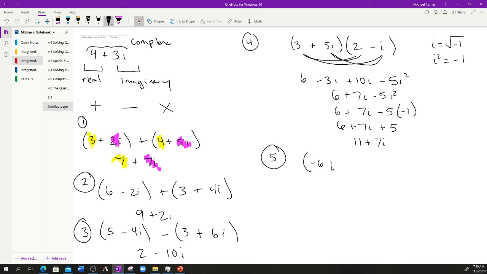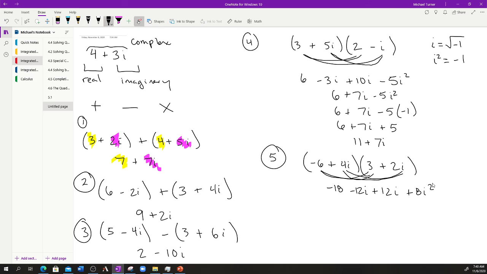Let's do one more, number 5. Let's do -6 plus 4i times 3 plus 2i. So same thing, do your FOIL, -6 times 3, -6 times 2i, 4i times 3, and 4i times 2i.